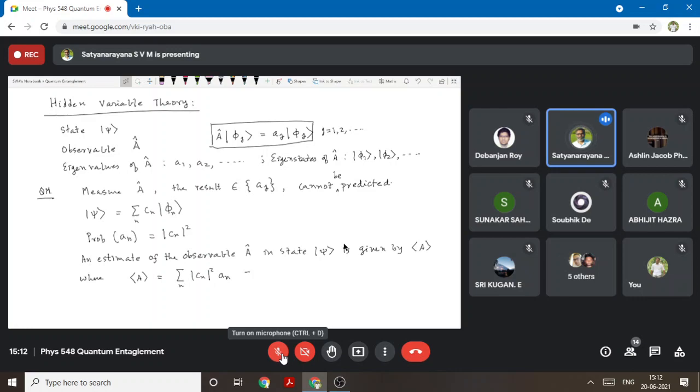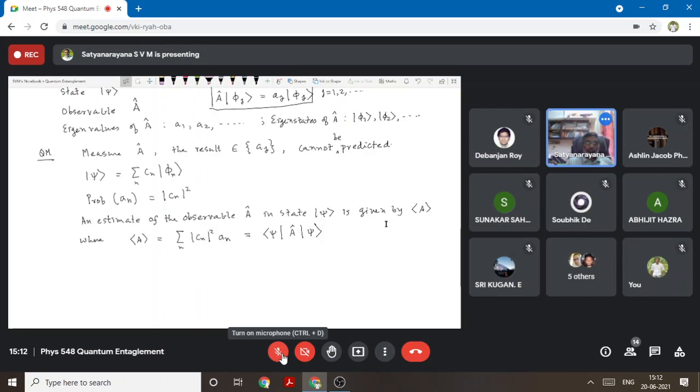Or equivalently, this can be obtained by taking <psi|A|psi>. This is a part of the postulates of quantum mechanics. So this is what quantum mechanics tells us.